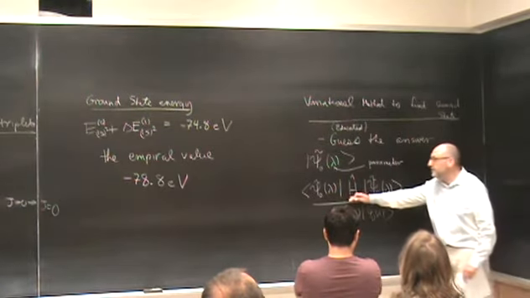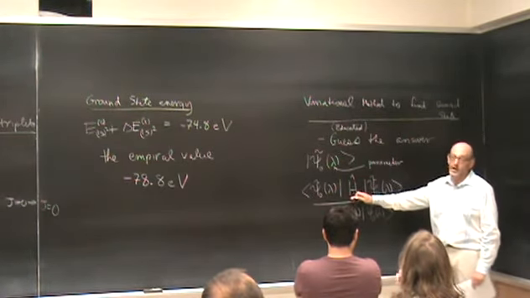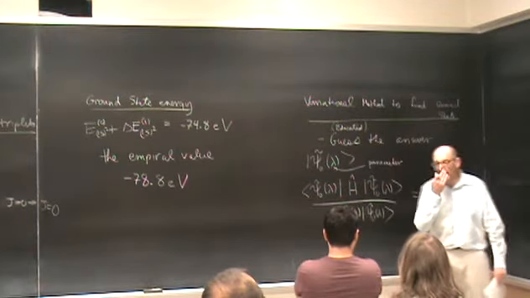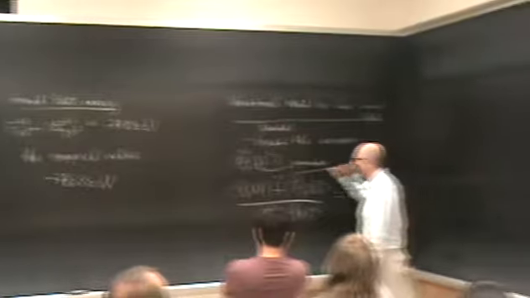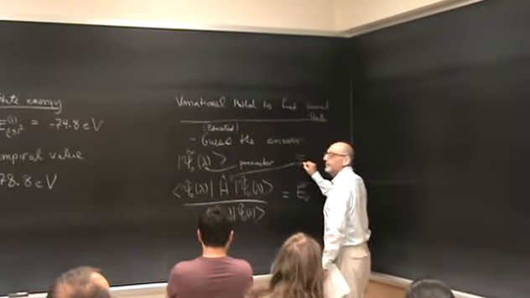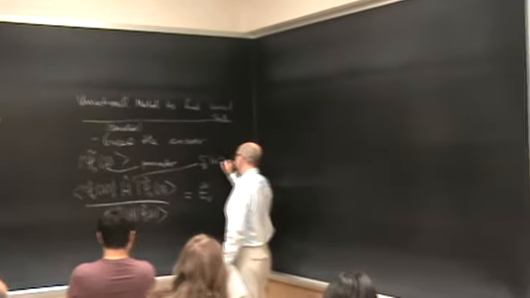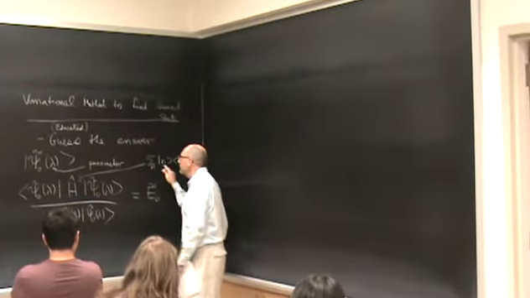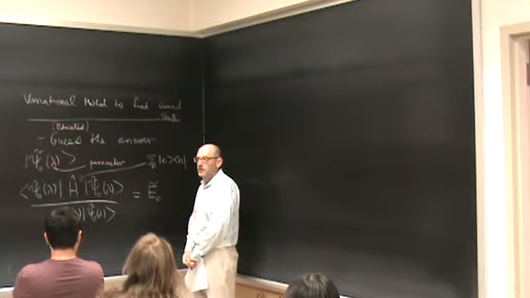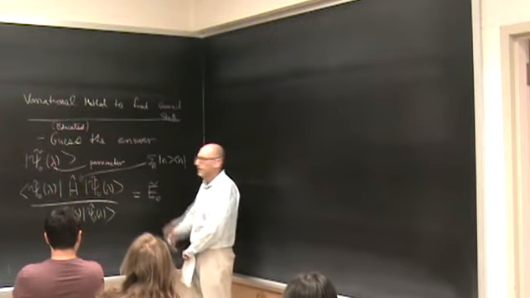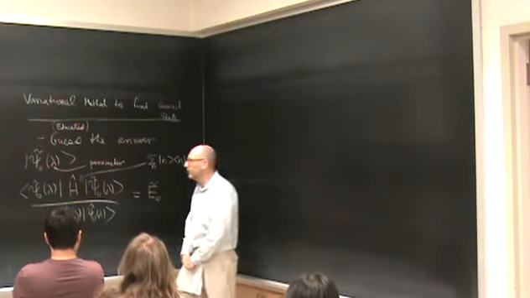The true lowest energy eigenvalue is always going to be lower than this. Let's do it. So what I'm going to do is what Adrian always likes to do, put in a complete set here. So these are the true energy levels of the system. They form a complete basis, and I can insert a resolution of the identity over here.